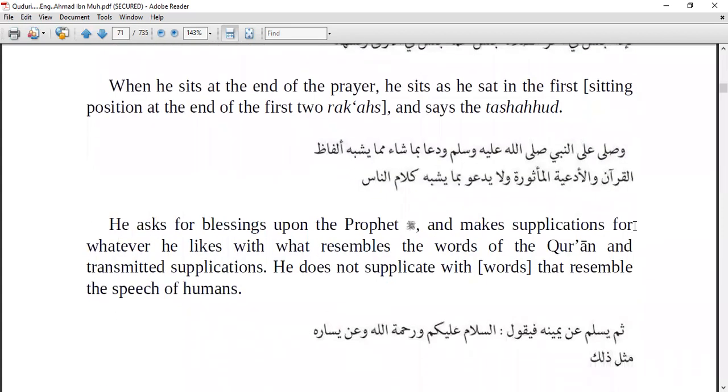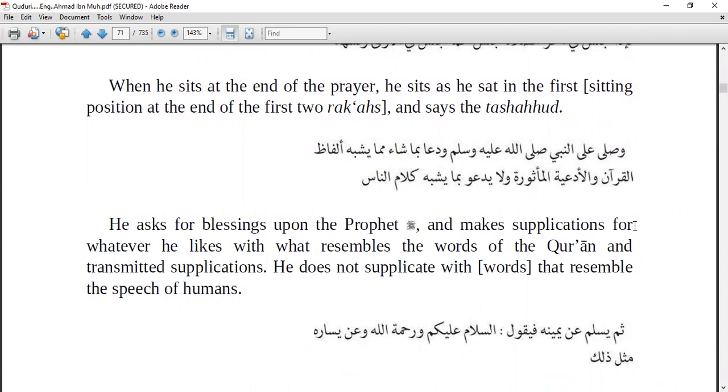وصلى على النبي صلى الله عليه وسلم, then they're going to send blessings upon the Prophet ﷺ, whether it's the Durud Ibrahim, the whole Durud that we recite, or some other short form of the Durud like sallallahu alaihi wasallam or jazallahu anna Muhammadan ma huwa ahluhu, or any other Durud Sharif, right? It suffices.